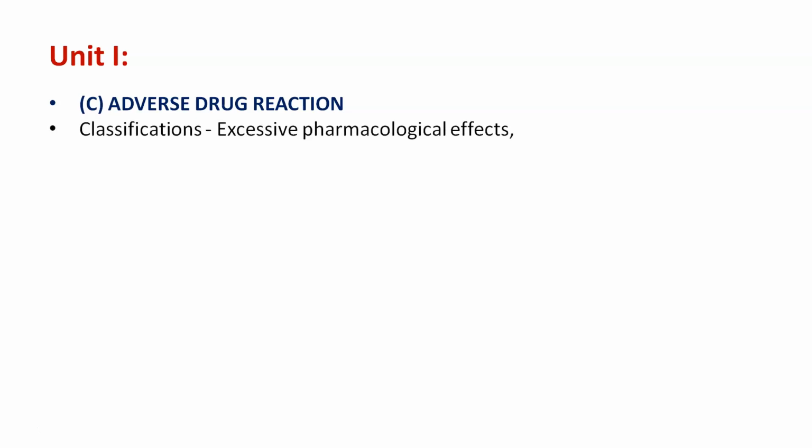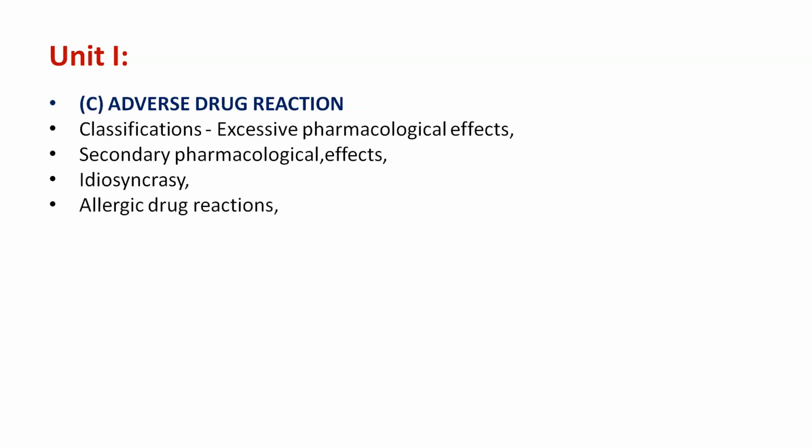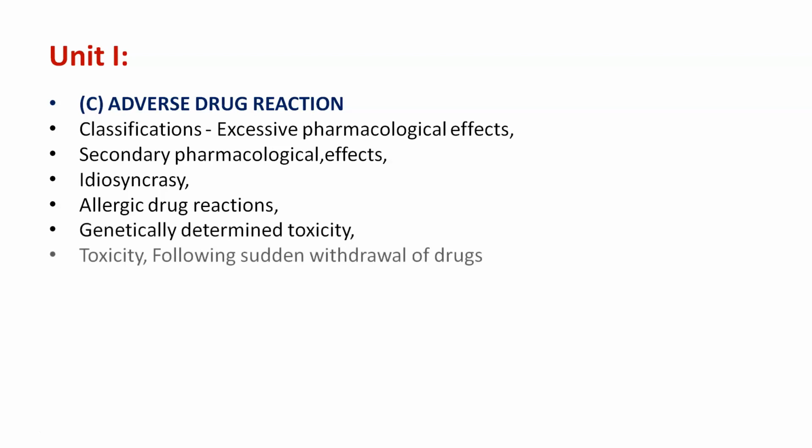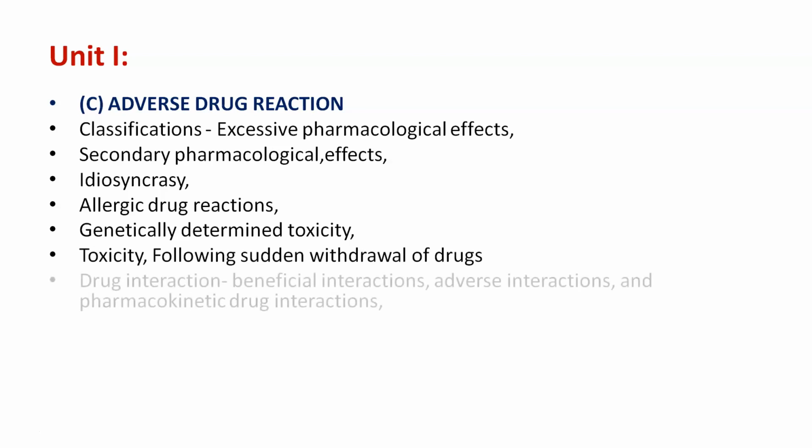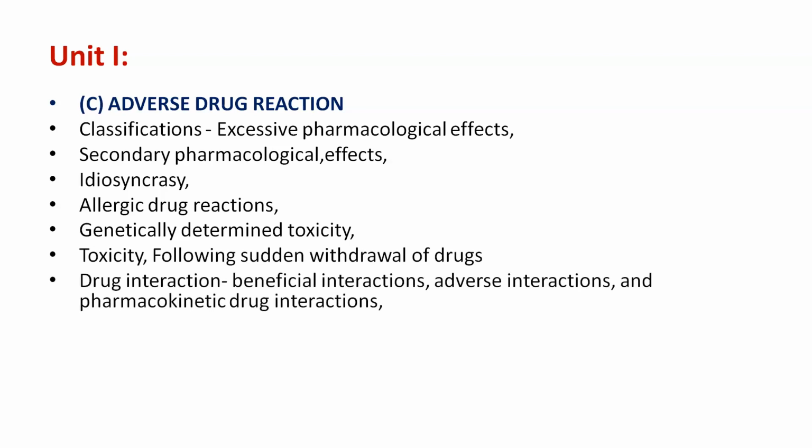Again, under unit 1C, we will be studying adverse drug reactions, classifications of adverse drug reactions, and excessive pharmacological effects, secondary pharmacological effects, what is meant by idiosyncrasy, how do you define with examples allergic drug reactions, genetically determined toxicity, toxicity following sudden withdrawal of drugs, drug interaction, beneficial interactions, adverse interactions, and pharmacokinetic drug interactions.